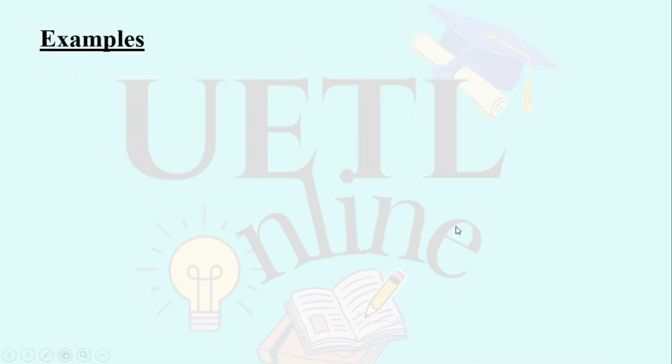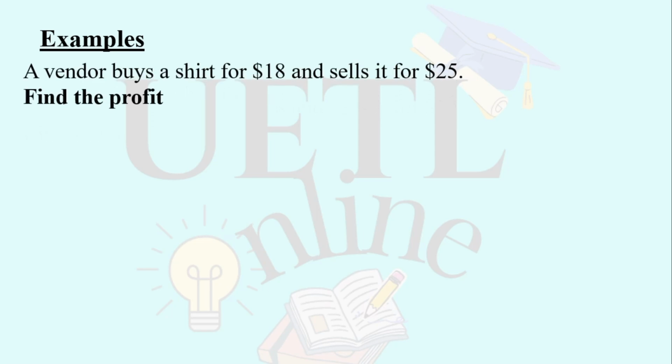Now let's look at our examples. The first example says that a vendor buys a shirt for $18 and sells it for $25. The buying price here is $18, and the selling price is $25.